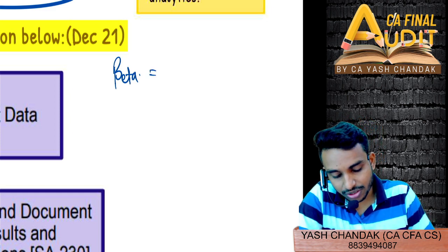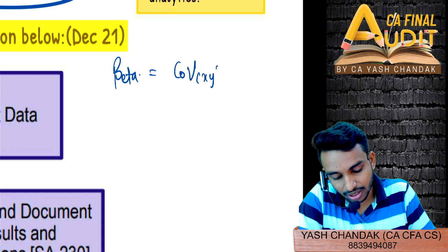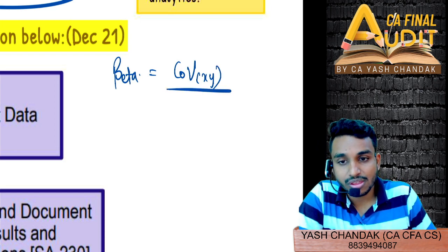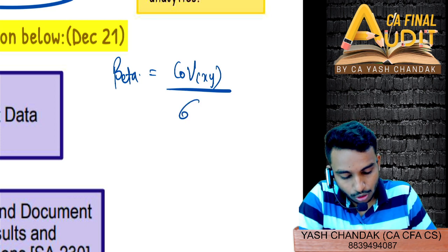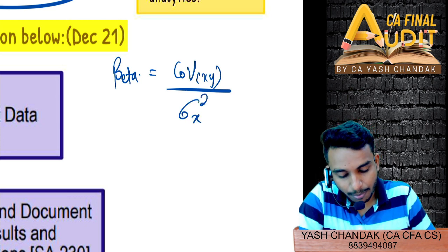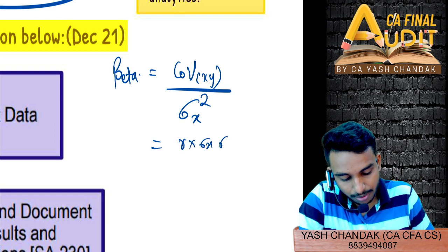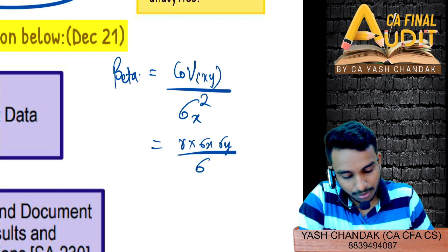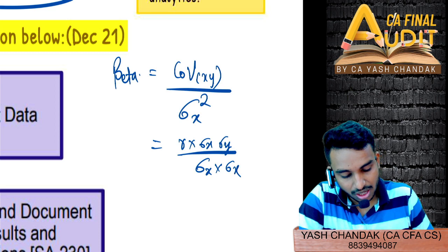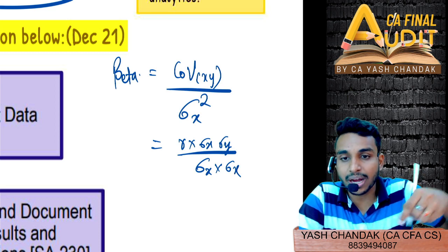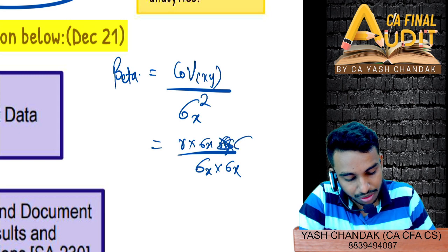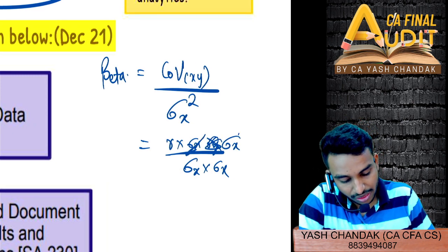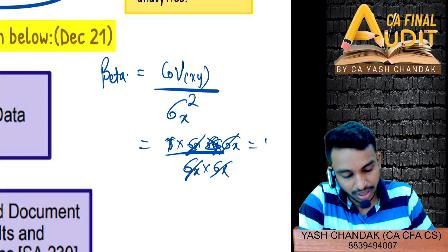Why? Because just now you told Cov(x,y) divided by the standard deviation of the market squared, that means the variance of the market. We consider x as the market, so sigma squared x. Cov(x,y) is r into sigma x into sigma y. Beta of market with market: sigma y also will be sigma x, and r is 1.